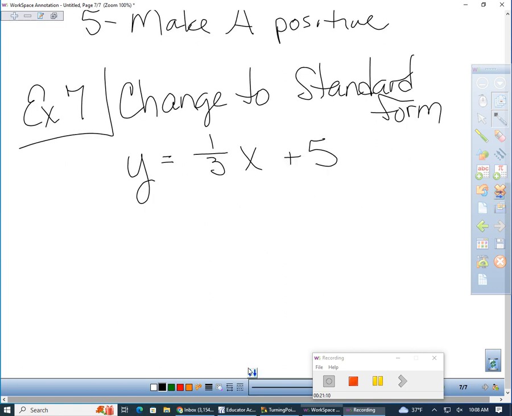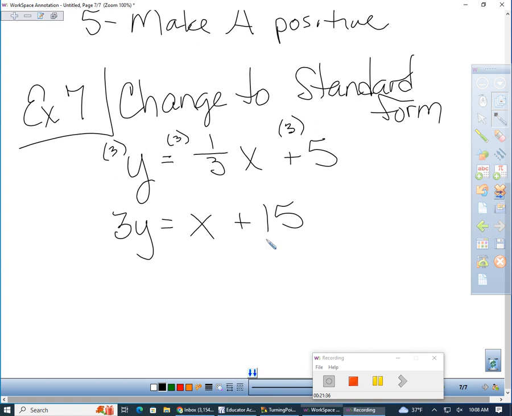All right, so do we have any parentheses up there? All right, and y is already isolated, correct? Okay, so now what do we have to do? Clear the fraction by multiplying by what? Awesome. So I'm going to multiply everything by 3. So we have 3y equals, and here my 3's cancel, 1x plus 15.